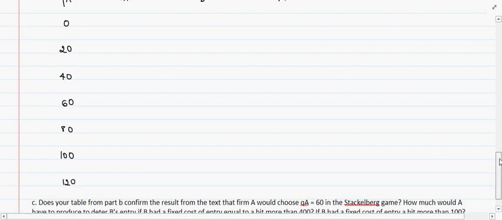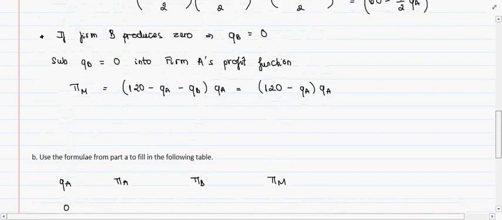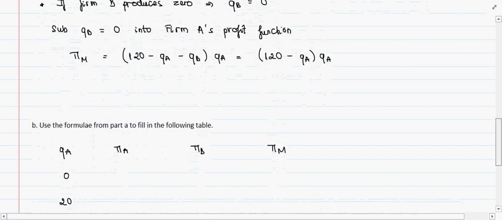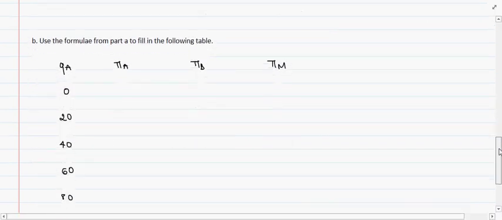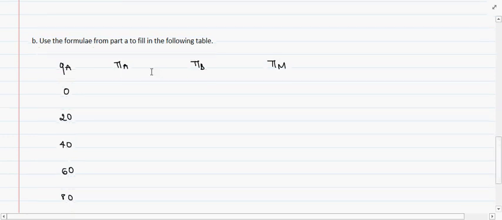Okay, it's pretty straightforward. We already have the formula that we found earlier. So we just have to substitute it into here. Okay, so I rewrite whatever I got earlier just to make it easier.